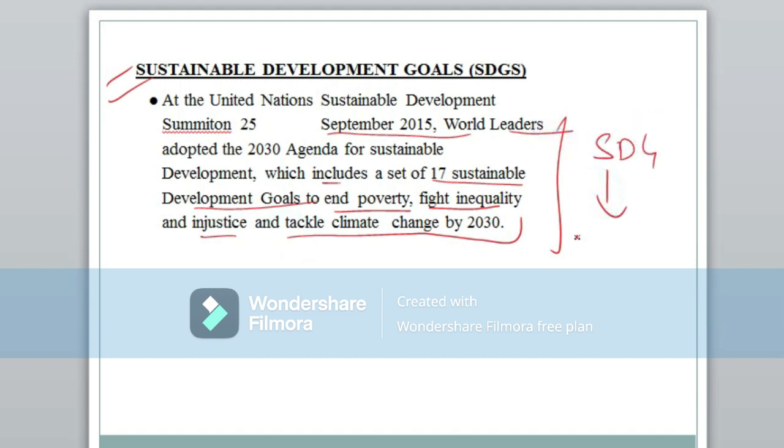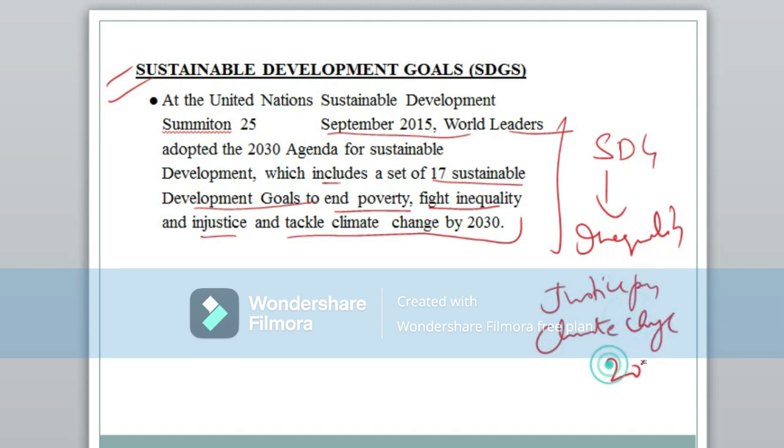SDG aims to end inequality, do sustainable development, provide justice to people, and tackle climate change by 2030. So 17 targets.